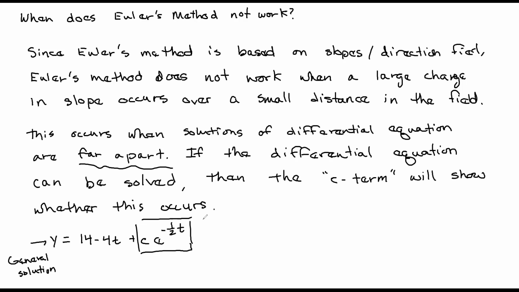They're going to approach the same value. So the way that we can interpret this is as T goes to infinity, the C term is going to go to 0. Thus, the solutions approach each other, so the distance between solutions gets smaller.